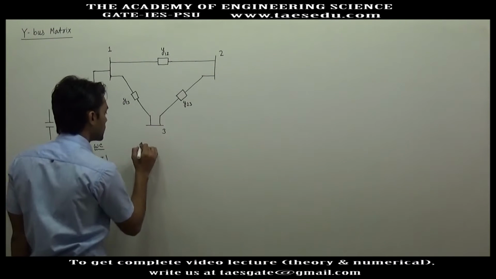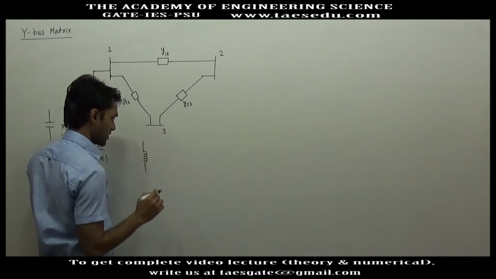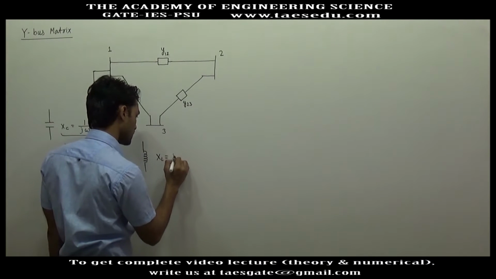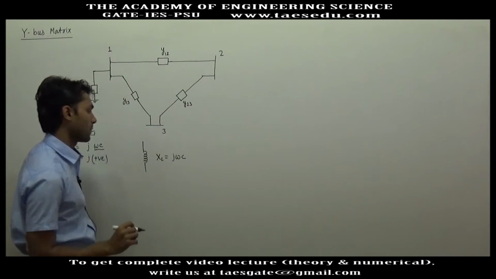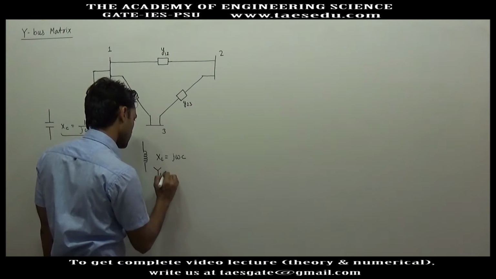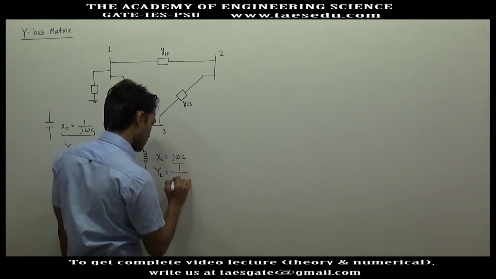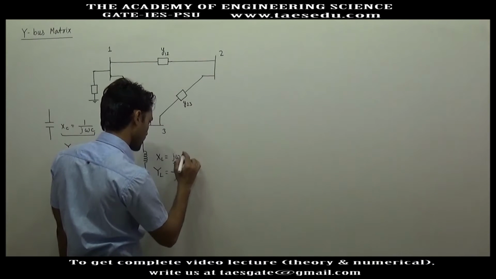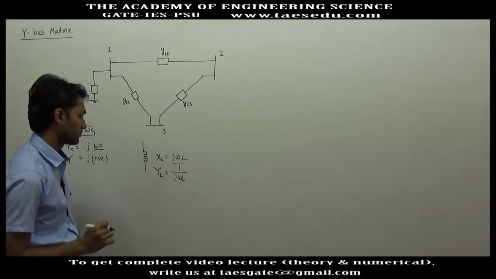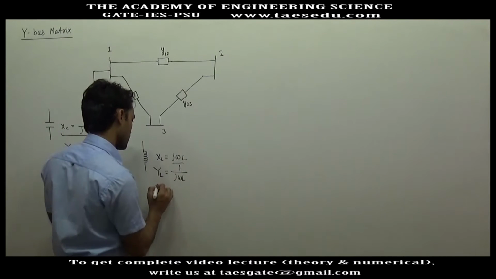Similarly, if you want to get the admittance of an inductor, first find out the impedance. Impedance is j omega L. Now to find the admittance of an inductor, you take the inverse of j omega L. So this will be 1 upon j omega L. Now when j comes to the numerator, it becomes minus j.